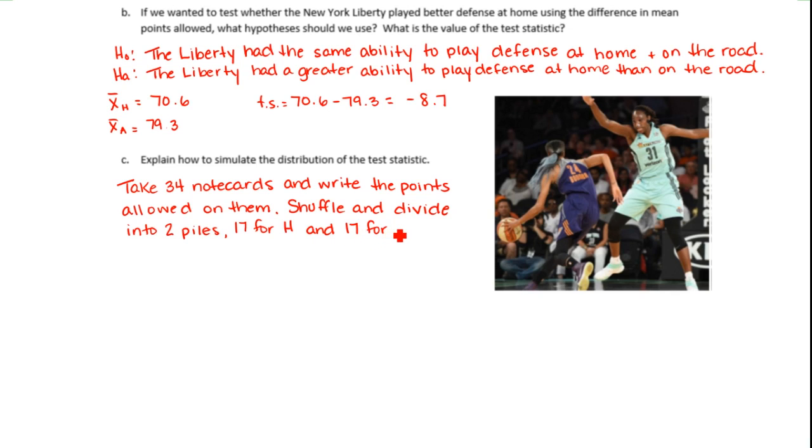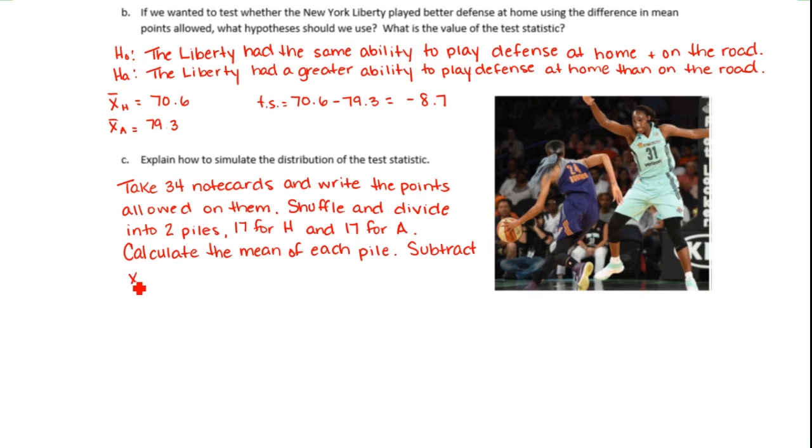Plot on a dot plot and repeat many times. Calculate the mean of each pile. Subtract.